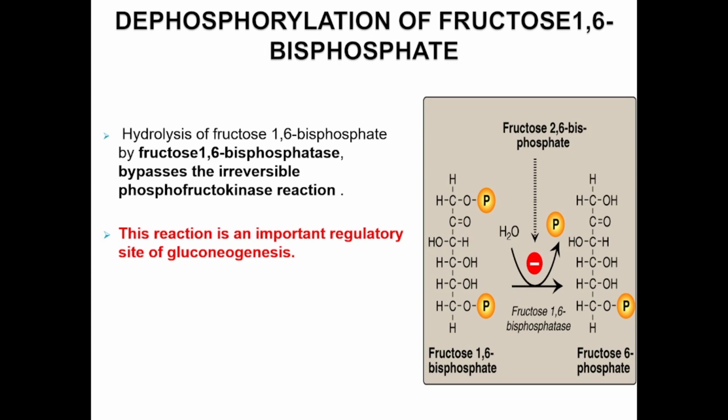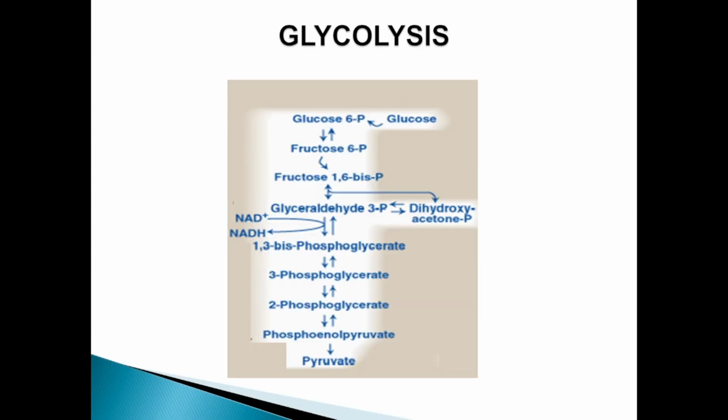So either the pathway is directed through glycolysis or to gluconeogenesis. And to control this, the rate limiting steps are the irreversible reactions. So here, fructose 1,6-bisphosphate to fructose 6-phosphate by fructose 1,6-bisphosphatase.